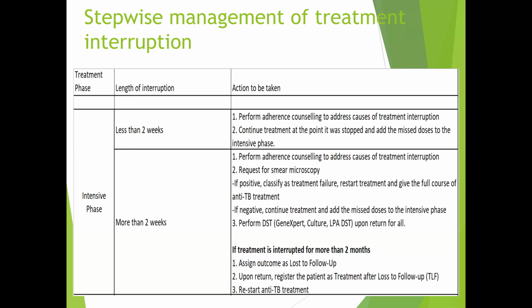If it is positive, we restart the treatment. If it's negative, we continue and add the missed doses to the intensive phase. We also do a drug sensitivity test if the patient has missed more than 2 weeks of treatment. If it is more than 2 months of treatment interruption, we assign an outcome of loss to follow-up. We return the patient to treatment and restart.